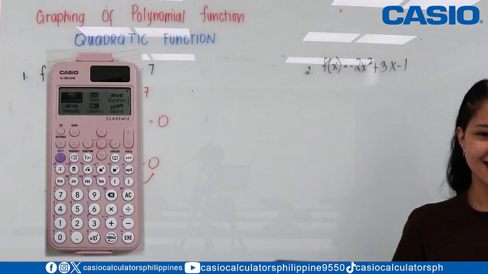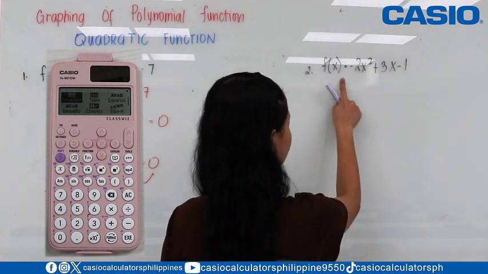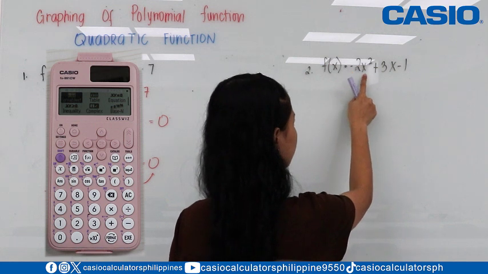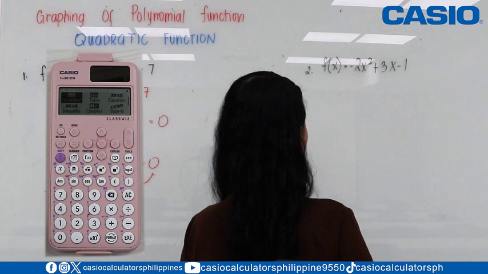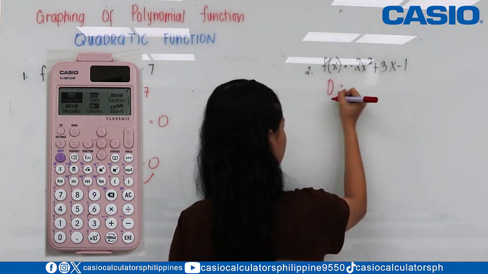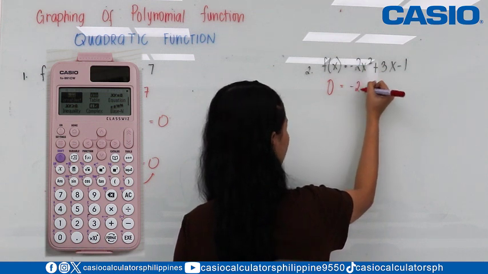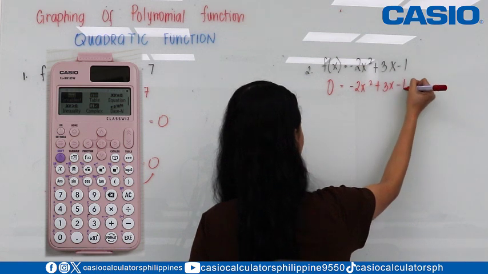So now, let's have the second example. So we have f of x is equal to negative 2x squared plus 3x minus 1. Now, let f of x is equal to 0. So we have 0 is equal to negative 2x squared plus 3x minus 1.